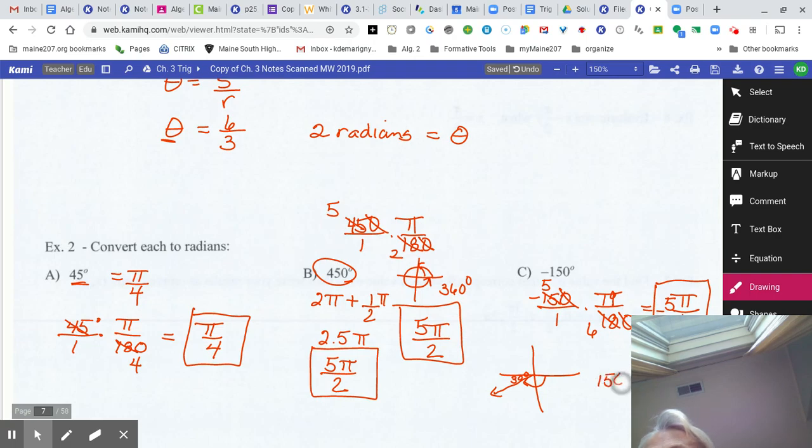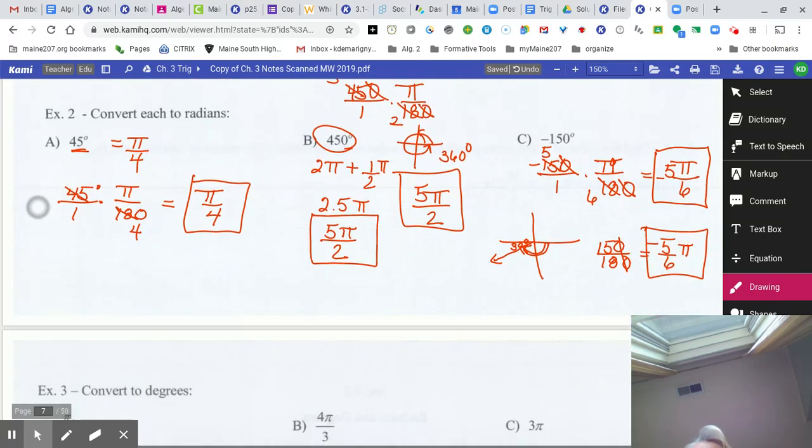So I've gone 150 out of the 180. And so this is the exact same thing that I've done, just in a little bit different method. So 3 goes into both, 5, 6. I have to know I went the negative direction. So you've gone negative 5/6 of a pi, which is, either way, I don't care which way you do it, but whatever's most efficient for you.